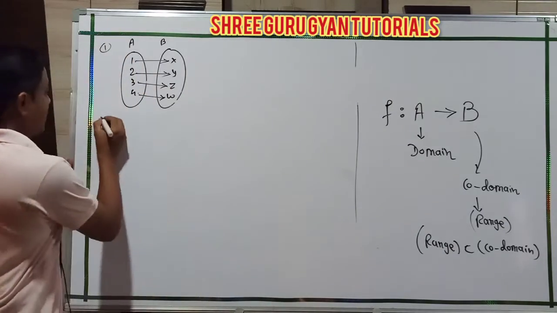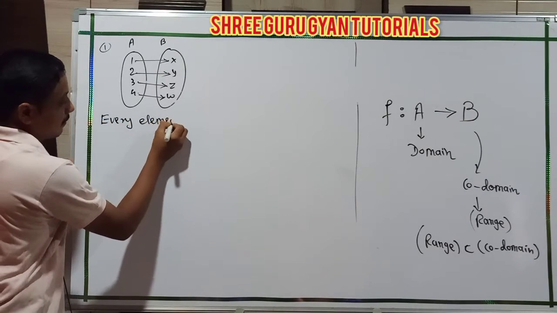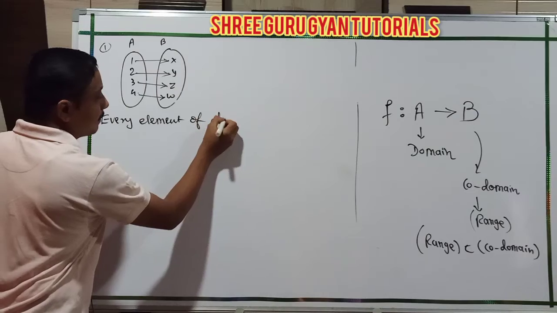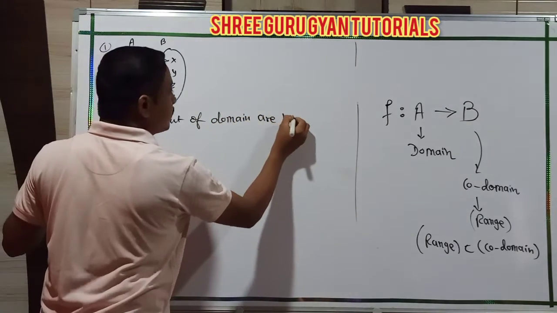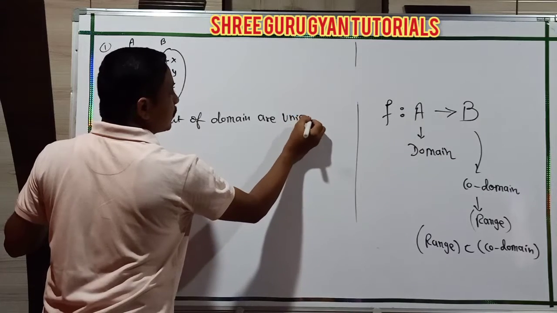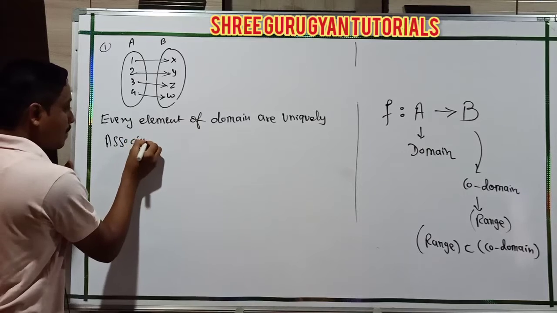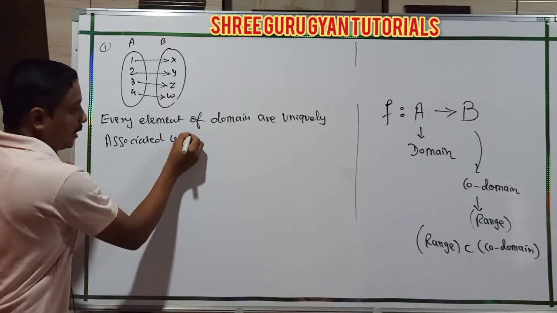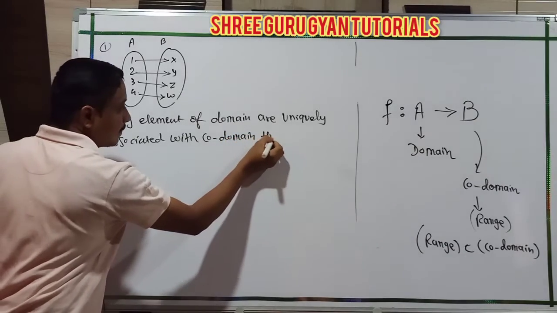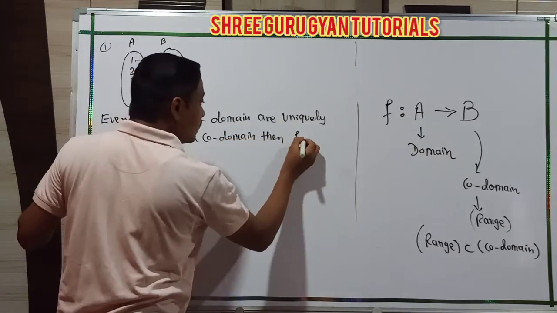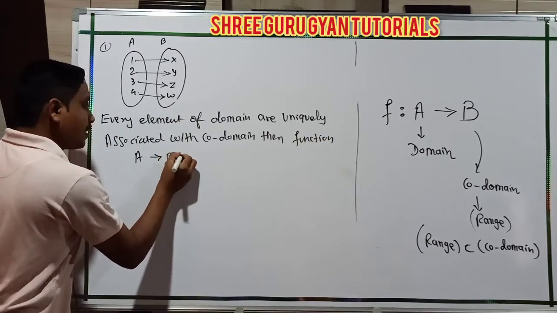Again repeat, every element of domain is uniquely associated with the codomain, then function A to B is defined.